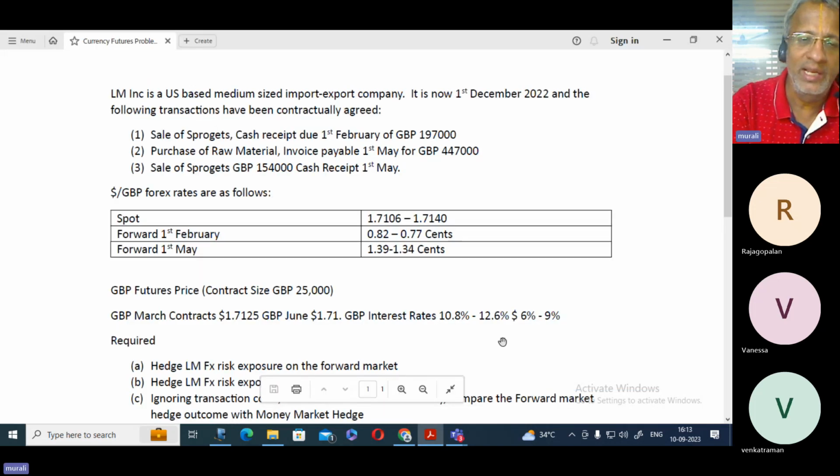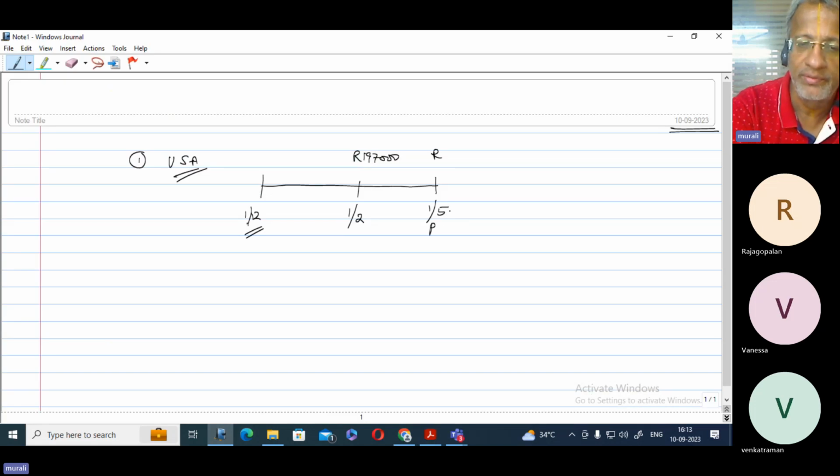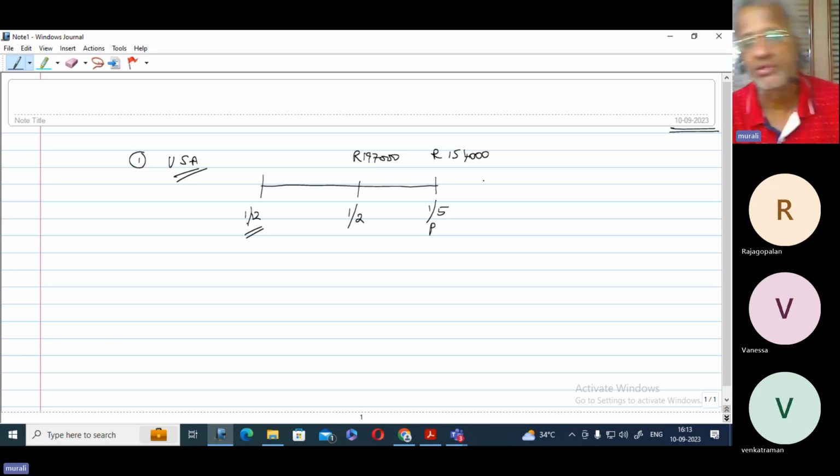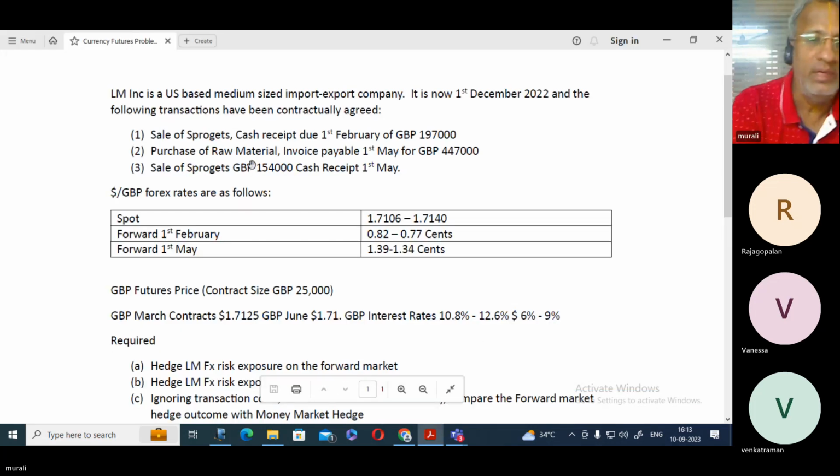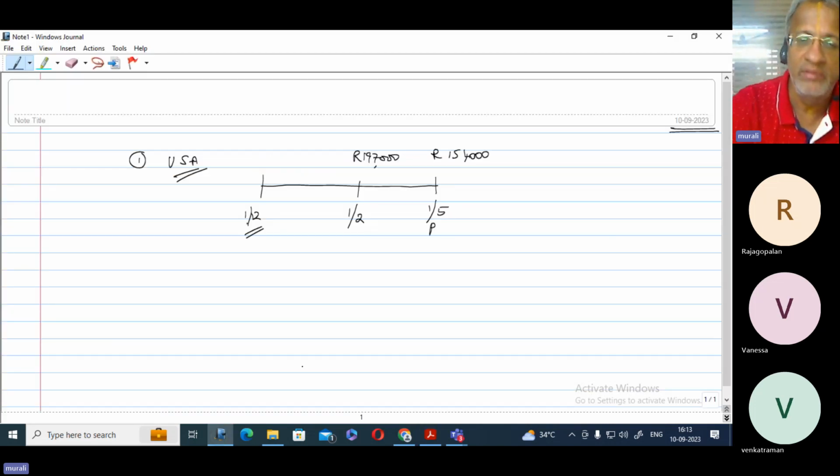And on the second date, it is 154,000 pounds, GBP. See, when it comes to payment, the payment is exceeding this, 447,000 pounds.